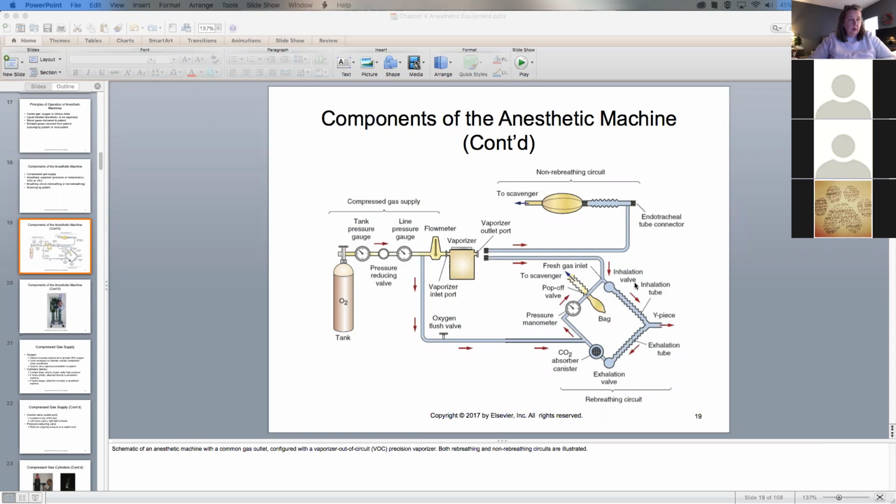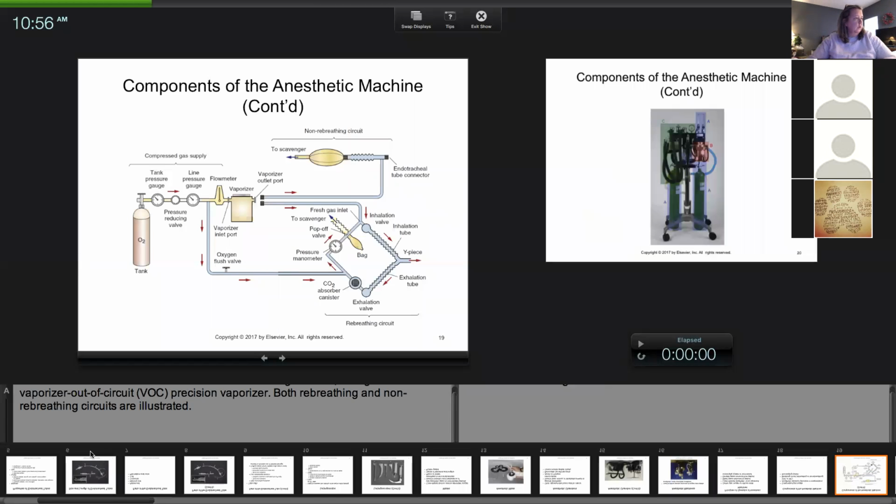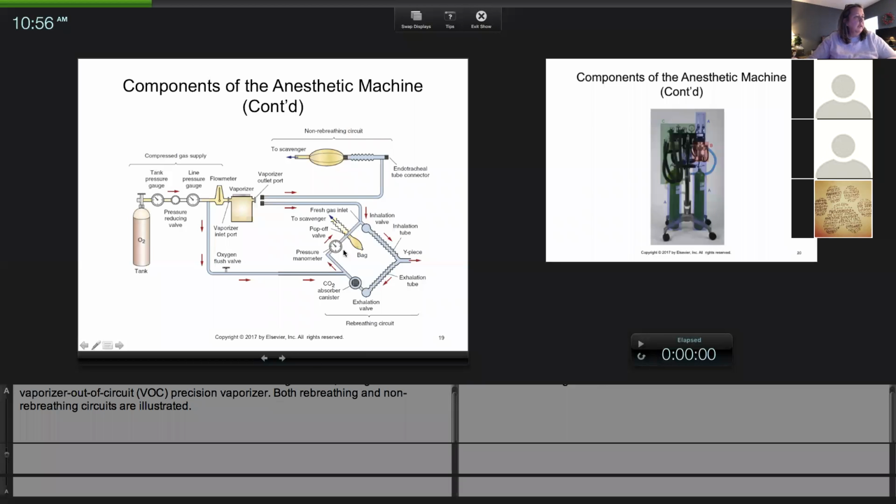Let me blow this up a little bit. What we're looking at here is the breathing circuit. Oxygen comes into the patient here. The Y piece hooks up to their endotracheal tube. They inhale, and when they exhale, it goes out the exhalation tube and leaves the system.